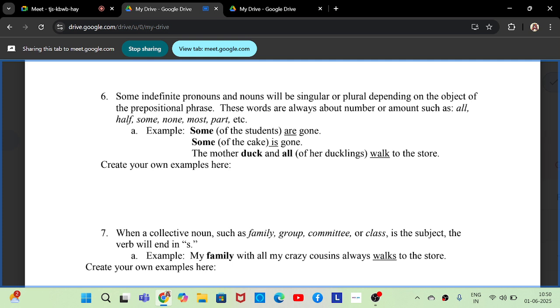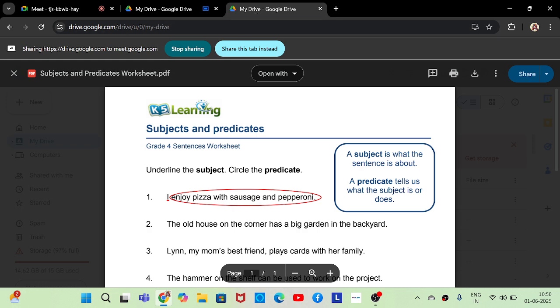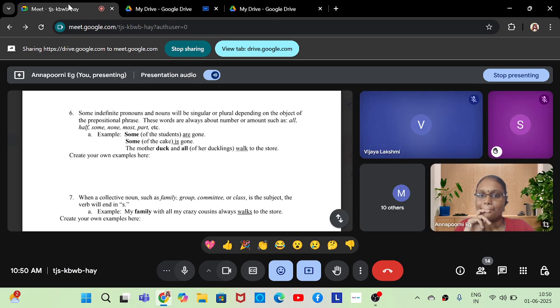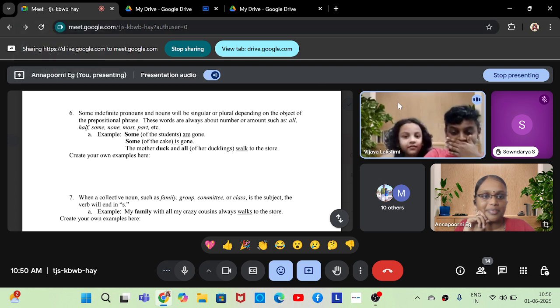Can somebody try an example using some? Can somebody give an example? We have some chocolates.